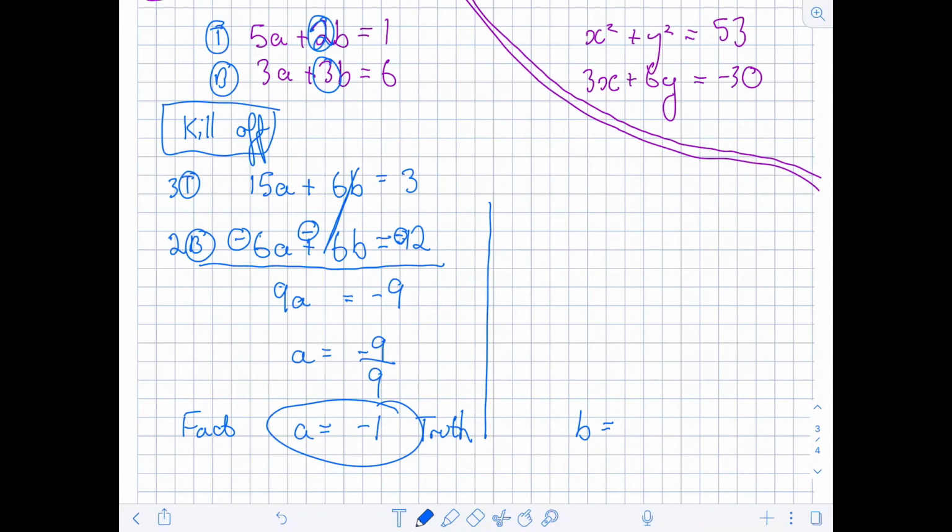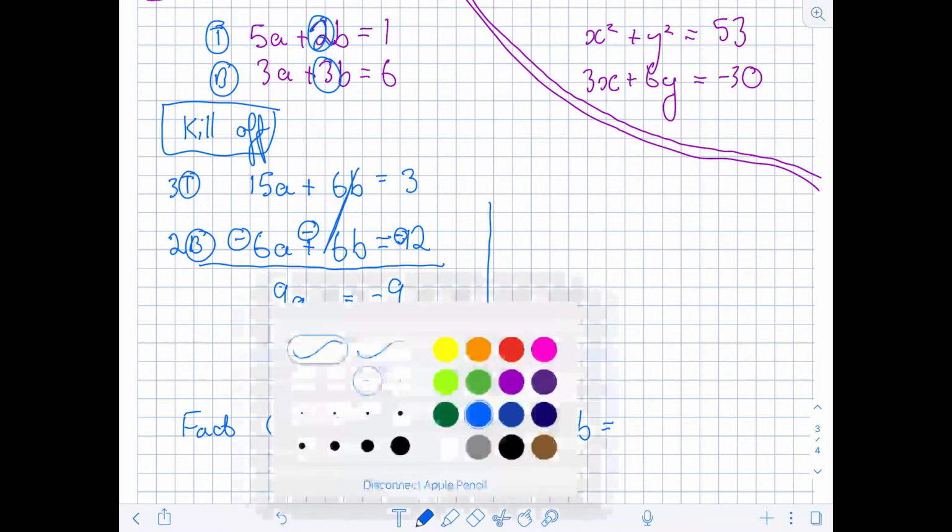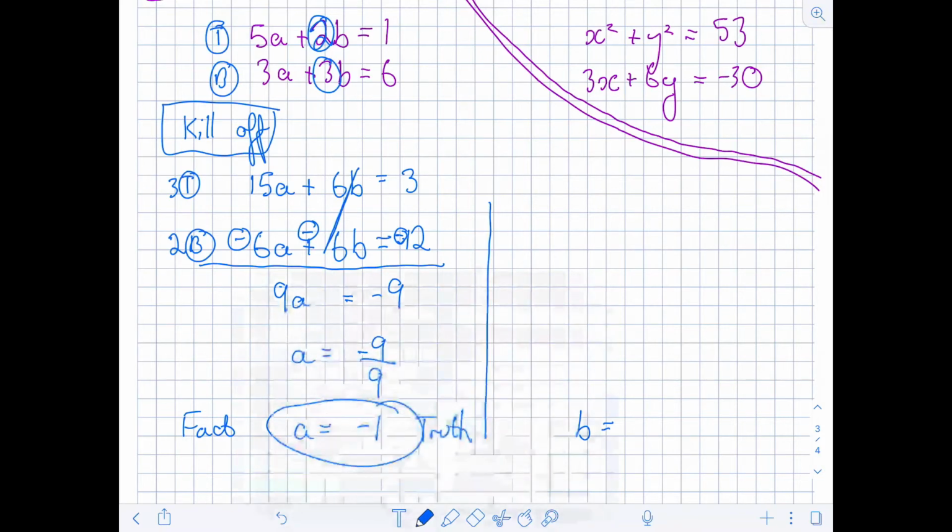So if a is equal to -1, what is this a up here equal to? Well, a equals -1. That's the truth. There's nothing else to really talk about there. So we must have 5 times -1 plus 2b is equal to 1.